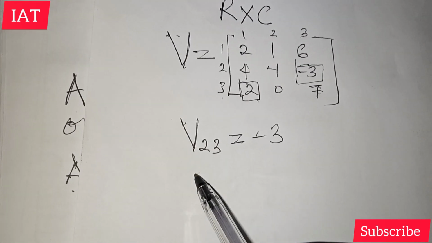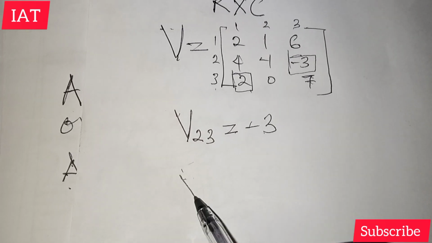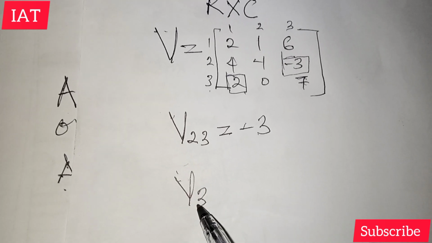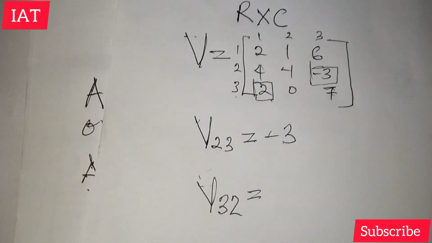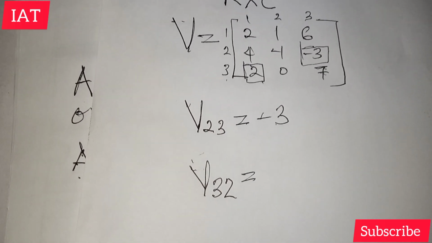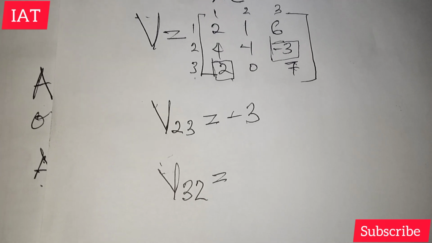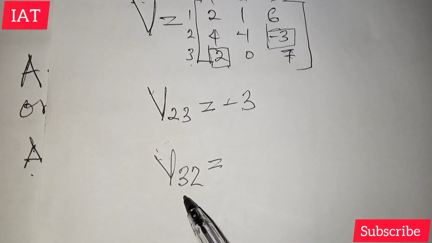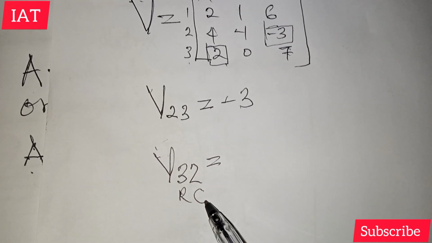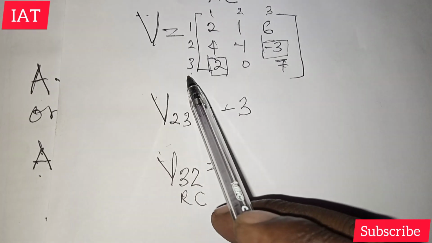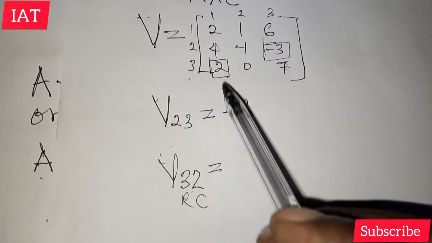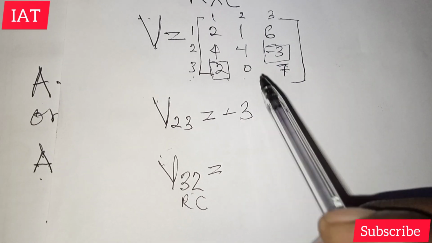What if I ask you what is the value for V 3, 2? So what do you think is the answer to this problem? It's also simple. I told you this is for row and this is for column. So what number of row is this? The third row. 3 falls under the third row and 2 falls under the second column.